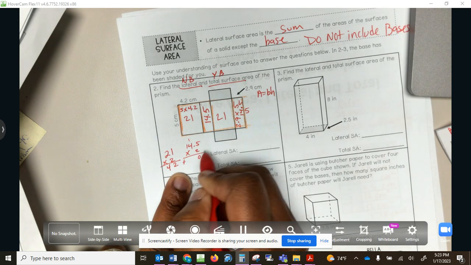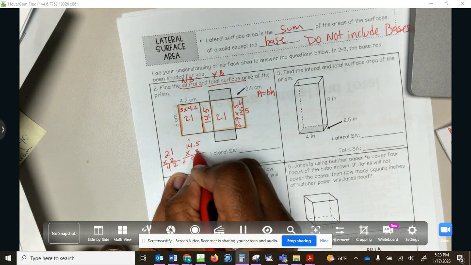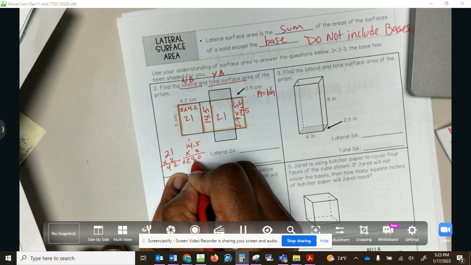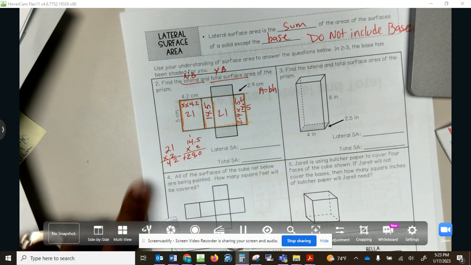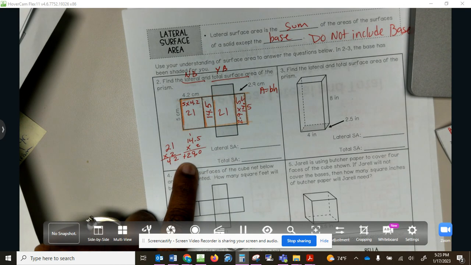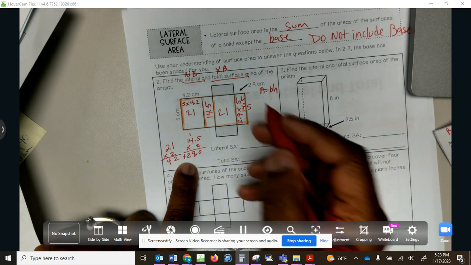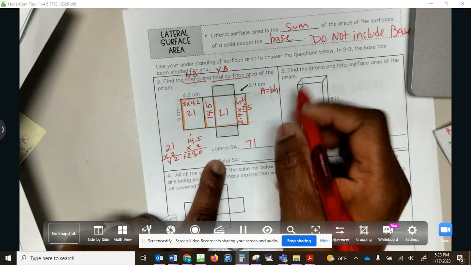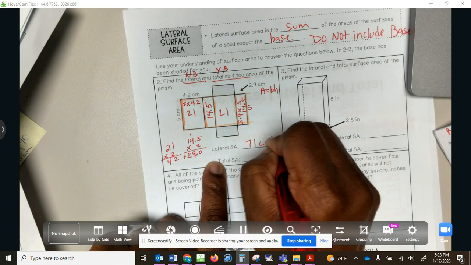That's 10, carry the 1, 8, 9, 2, one number behind the decimal. So that's 42 plus 29, which is 71. So my lateral surface area is 71 centimeters squared.